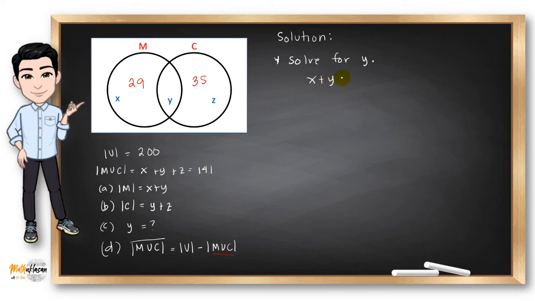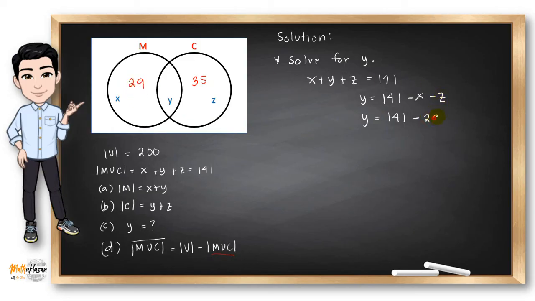X plus Y plus Z is equal to 141. Remember that we are looking for the value of Y. So the left side will become Y, and X and Z will be transposed to the other side of the equation. So Y is equal to 141 minus X minus Z. We all know that X is equal to 29 as seen here in the Venn diagram.